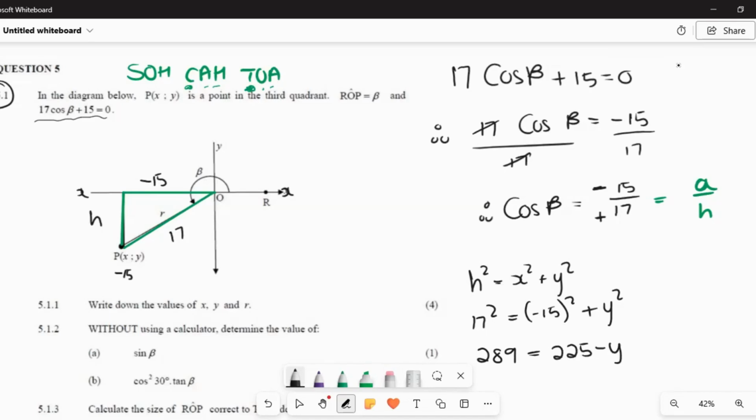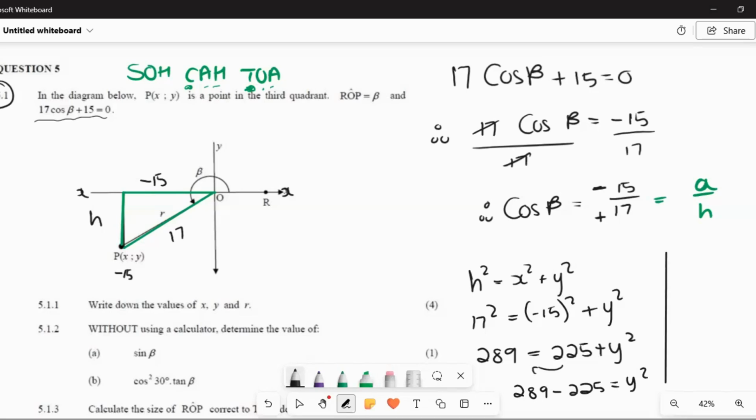Then plus y squared, and then we take this one over to the other side. I'm going to have 289 minus 225 is equal to y squared. So we're going to have 289 minus 225, giving us 64 is equal to y squared.